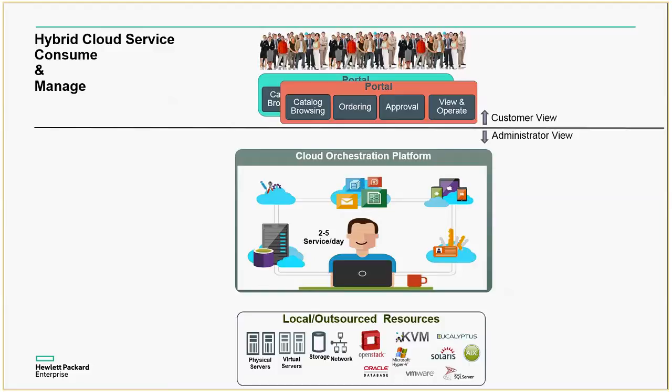So the man in the middle is the service admin that needs to tie everything together to make these individual resources at the bottom into consumable services on the top.